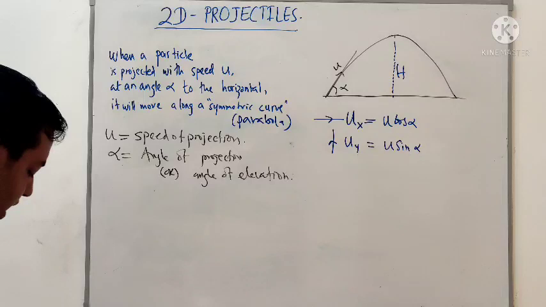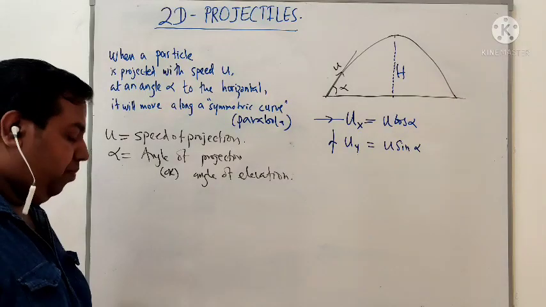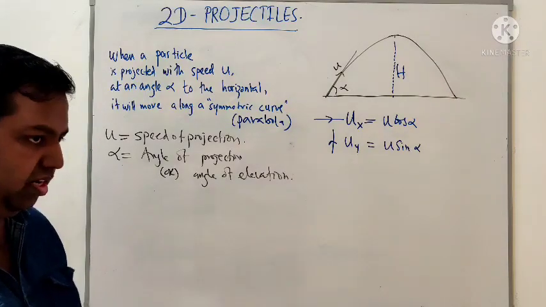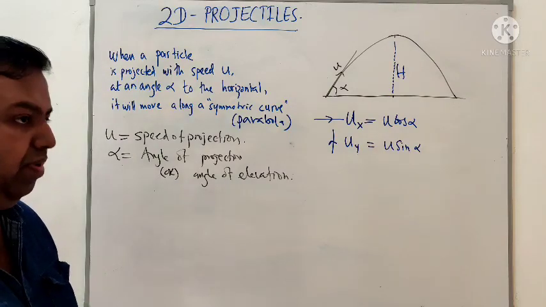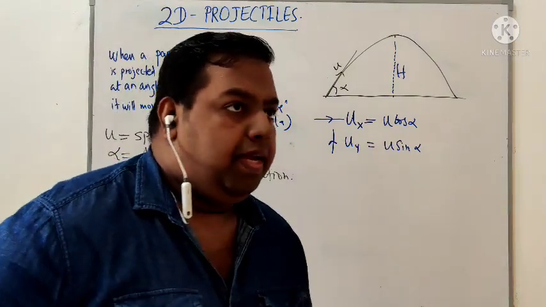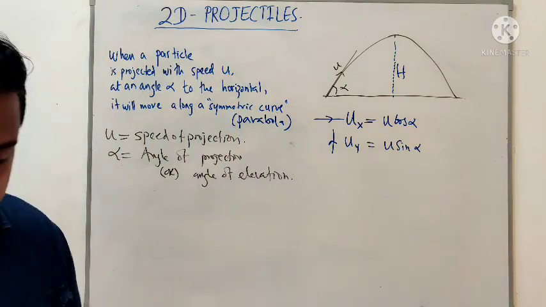The vertical motion of the projectile is motion with constant acceleration g equal 9.8 ms^-2. You can use the constant acceleration formulae we studied in the textbook. We studied there are 5 equations.